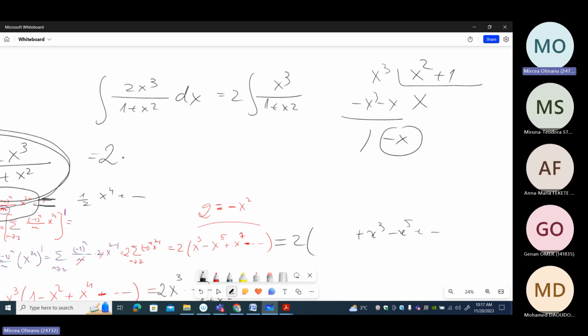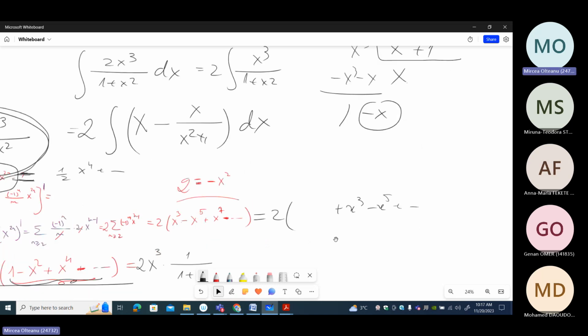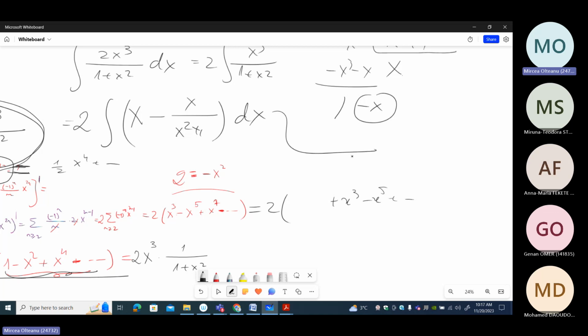So we can write 2 integrals of x minus x over x squared plus 1. Okay, so now we can integrate very easily. You can follow, yes?